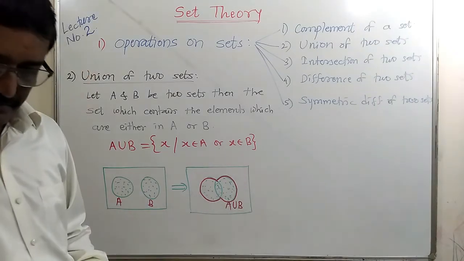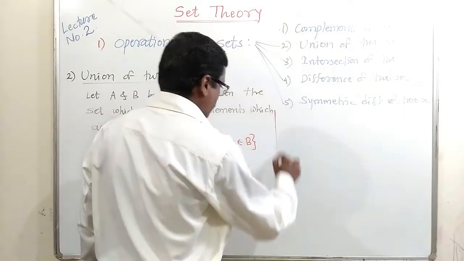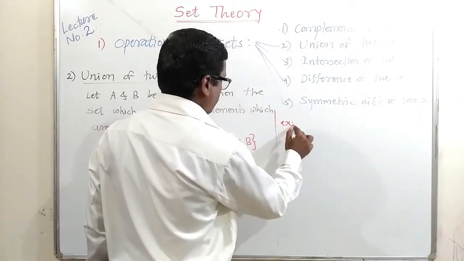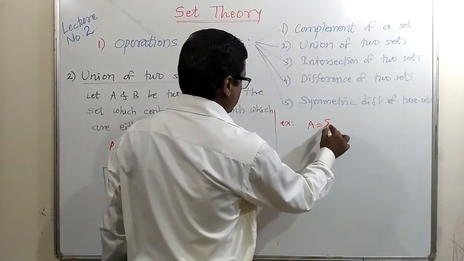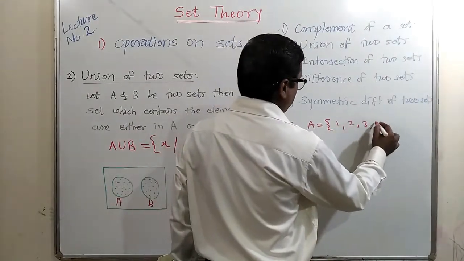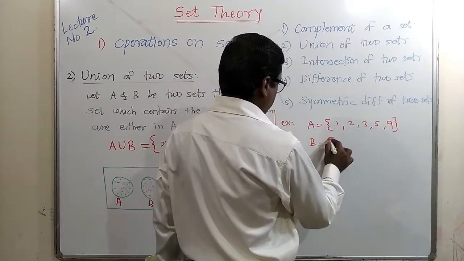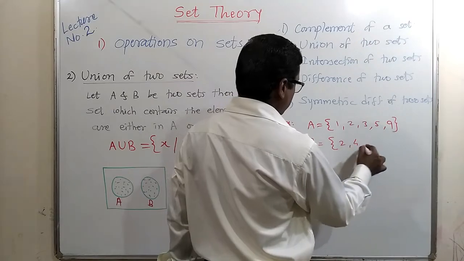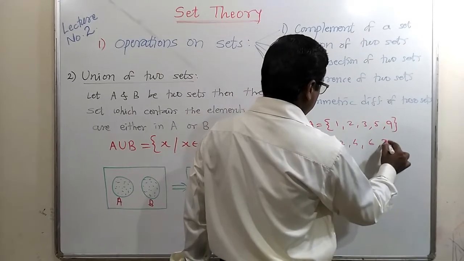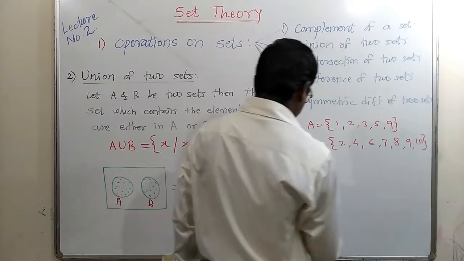Let us see one example first. After that, we will see the properties. Suppose A is 1, 2, 3, 5, 9. B is a set which contains elements 2, 4, 6, 7, 8, 9, 10.